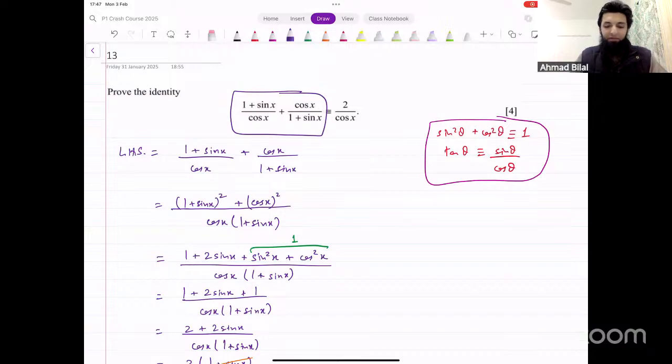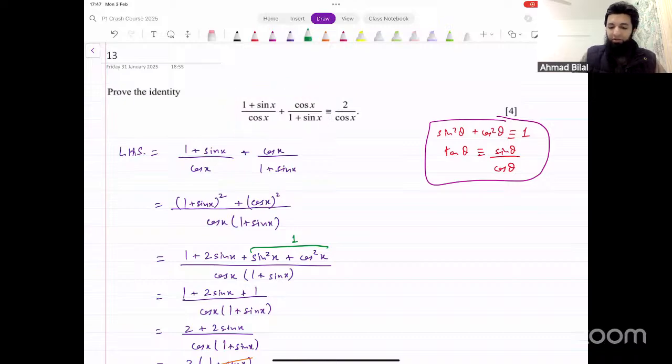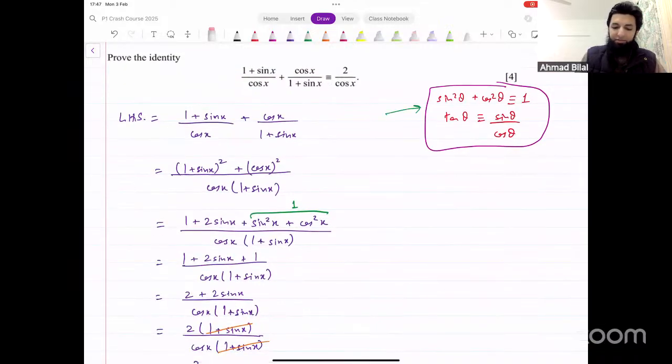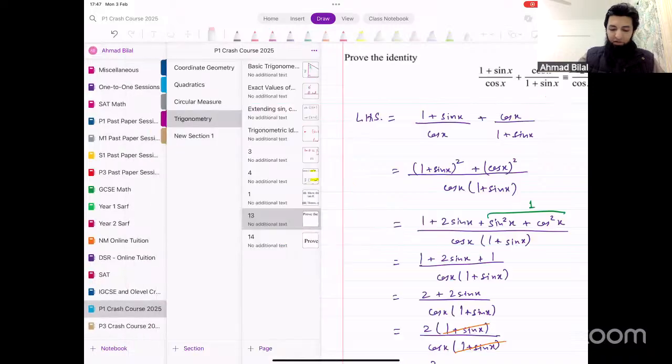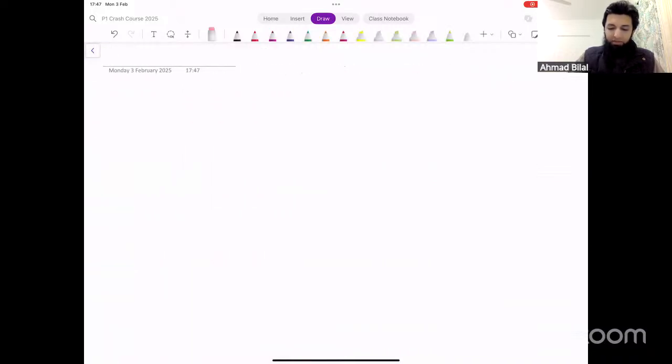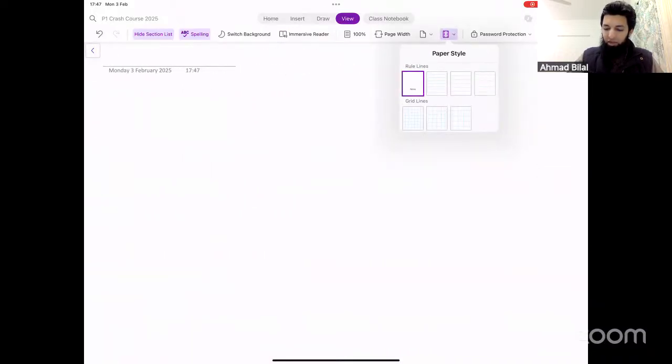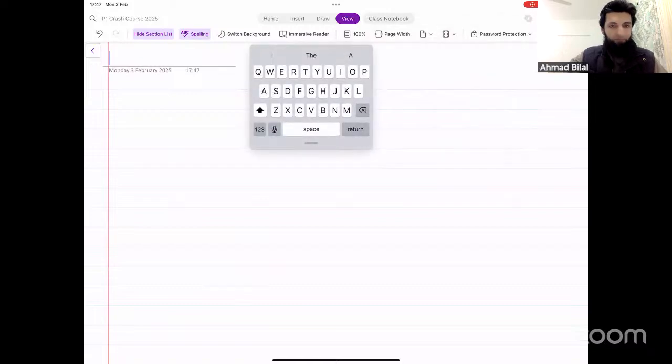We prove that it is equal to the other side, using these two identities. This is what we've done until now. I hope you've done some practice questions from the worksheet as well. If there are any problems, we might be able to look at some of them towards the end of today's class. Otherwise, we will do more practice in the next class as well.